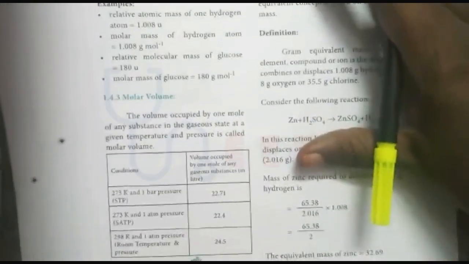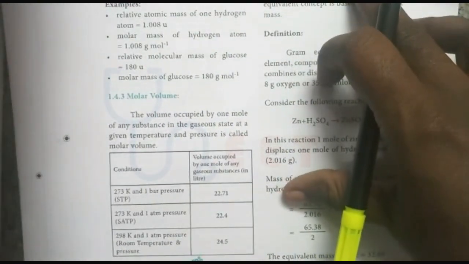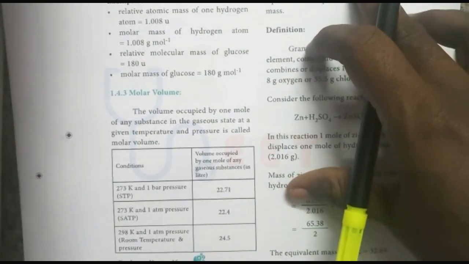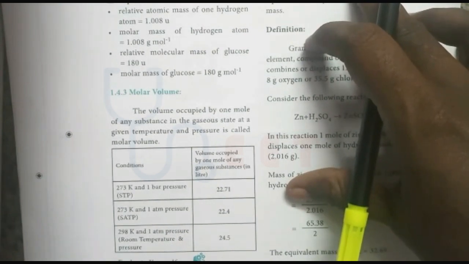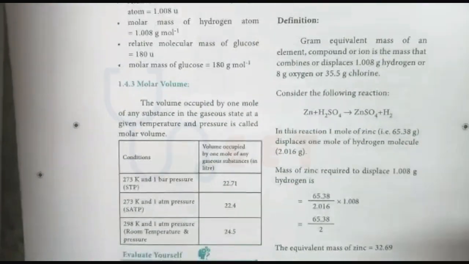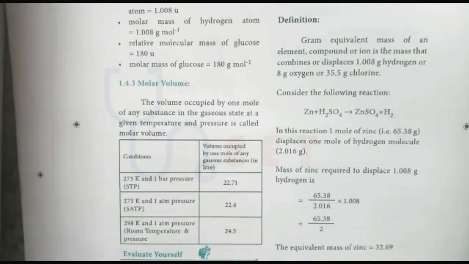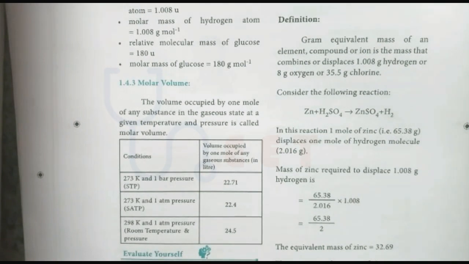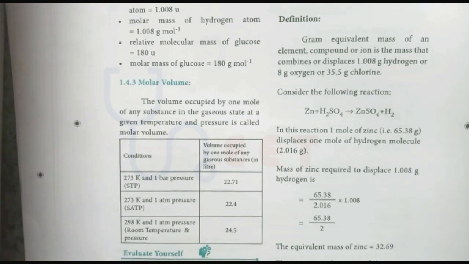Then molecular volume or molar volume. Molar volume is the volume occupied by 1 mole of a substance which exists in a gaseous state. Consider water. When we boil water, it forms vapor. The space occupied by the vapor is called its volume.